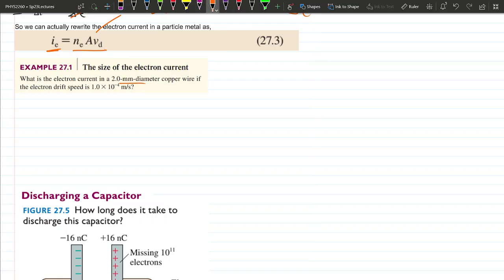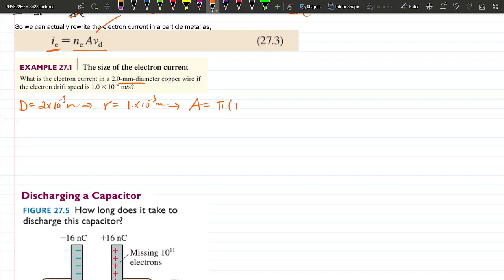So the diameter, let's just call that capital D, is 2 times 10 to the negative 3 meters. I just convert right away to SI units. That allows me to figure out what the radius of the wire is. It's 1 times 10 to the negative 3 meter. Then that gives us the cross-sectional area of that wire, because that's just pi r squared.